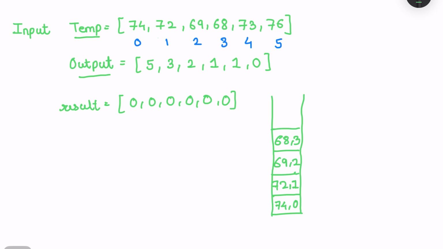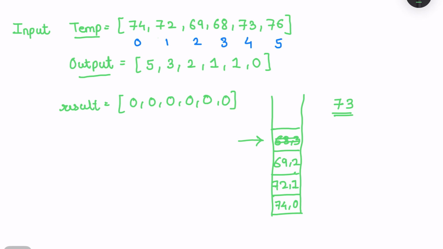Now we encounter 73. So 73 is greater than the stack's top element. So I'll pop 68, and after popping I'll check its index.